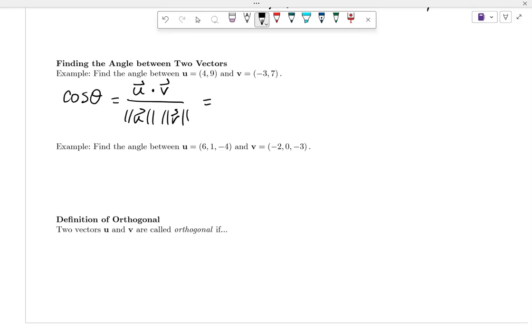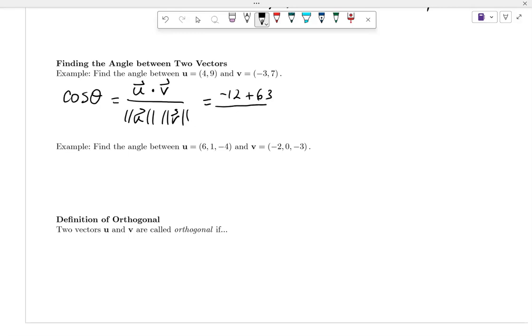What is the dot product of those two vectors in this case? So yeah, you do the negative 12 plus 63, right, on top. 4 times -3 plus 9 times 7.